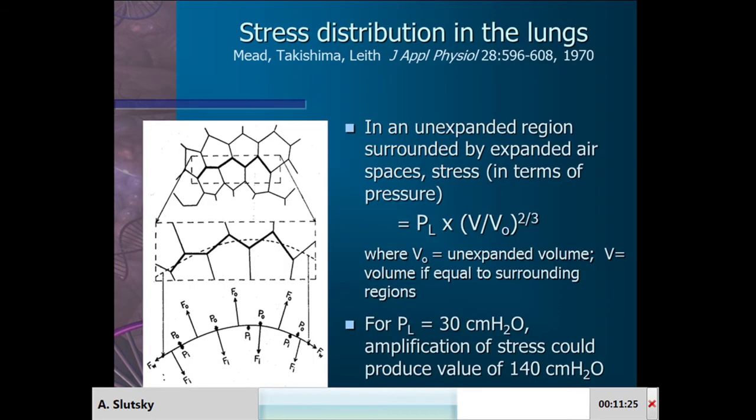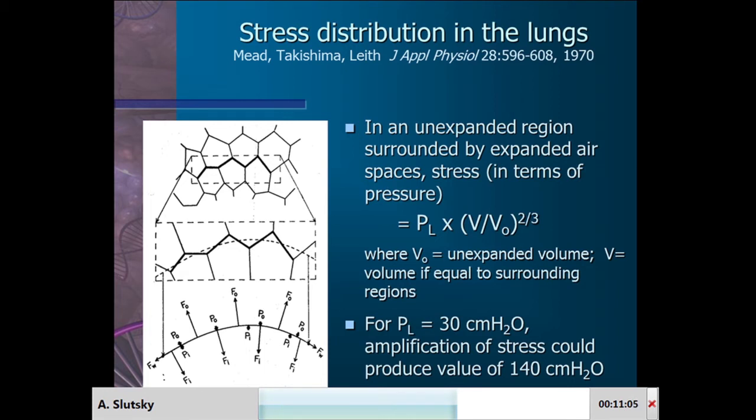Well, what's the basis for this? Well, I think the fundamental paper in this area is by Jerry Mead way back in 1970. He looked at stress distribution in the lung. They had a theoretical model, then they had a physical model made up actually of condoms that were put together to sort of look like a lung.